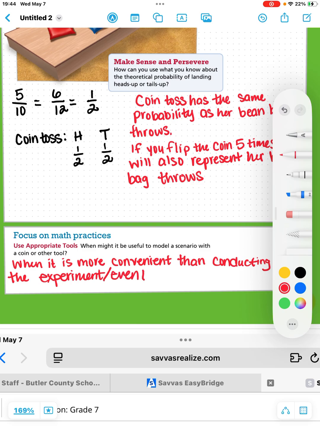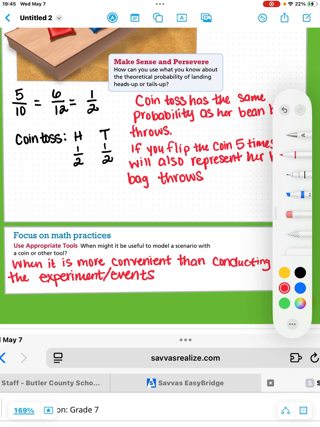And I'll even put events there, since we talk a lot about events in this course, especially when we're looking at probability. Sometimes it is a lot easier to model something rather than actually conducting the experiment or the event. And so you're going to have to be able to judge when to conduct the event as well as when to then model it a different way.